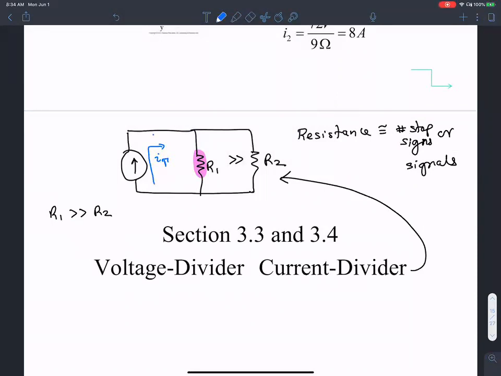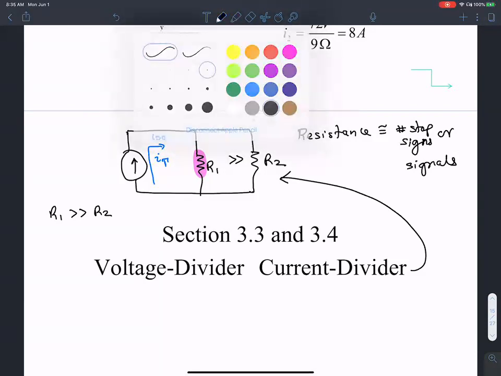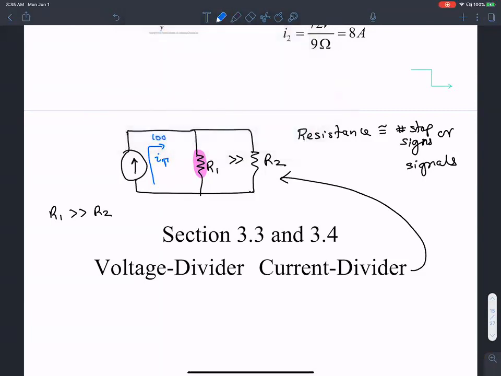Let's say there's a total of 100 cars. I would assume more would go to R2 because it's less resistive. Yes, more would go to R2, and therefore, out of the 100 cars that are flowing, a big chunk, 80%, I'm just pulling numbers out of thin air, 80 cars are going through R2 because the resistance is much smaller there. Only a few cars are flowing through R1.